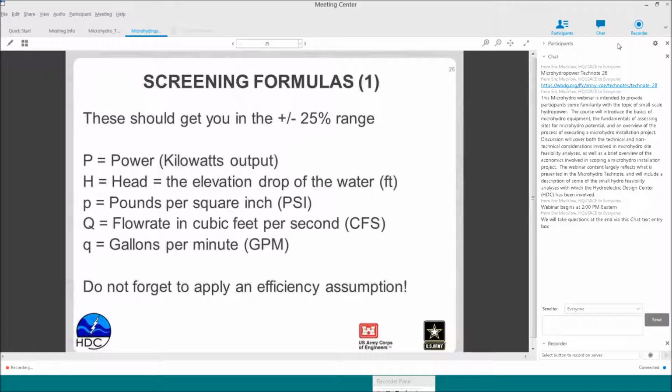Now, with these equations that I present on the next slide, I use the same notation that I used in the tech note, where uppercase P is power in kilowatts, uppercase H is head in feet, lowercase p is pressure in PSI, uppercase Q is flow rate in cubic feet per second, and lowercase q is flow rate in gallons per minute.